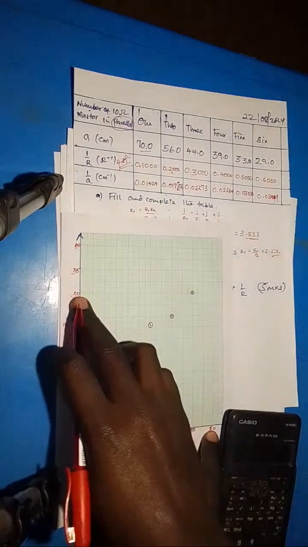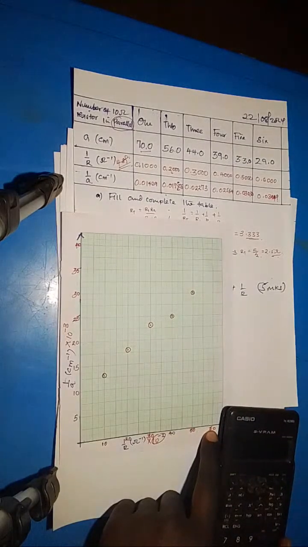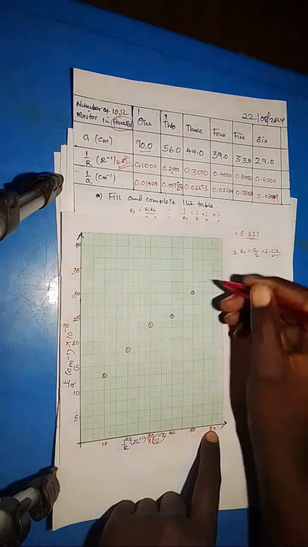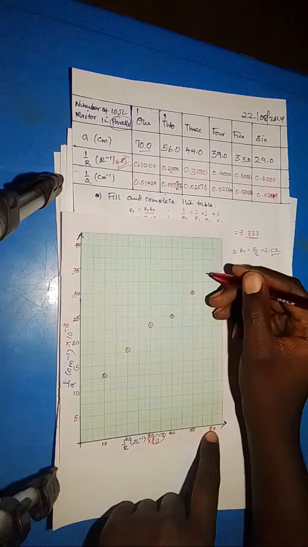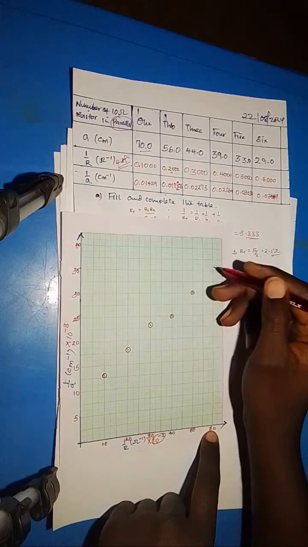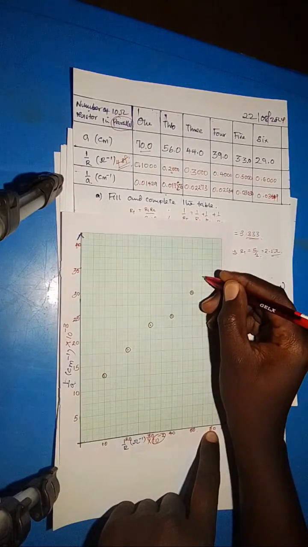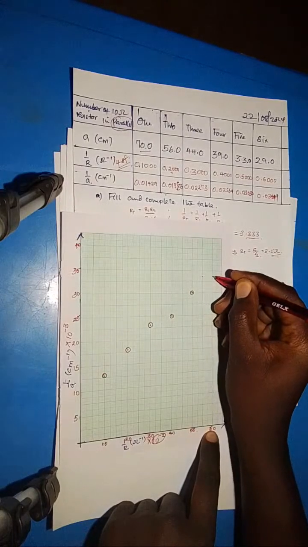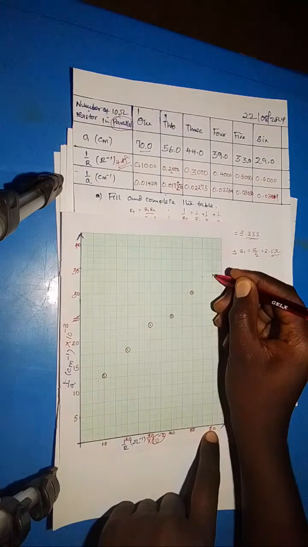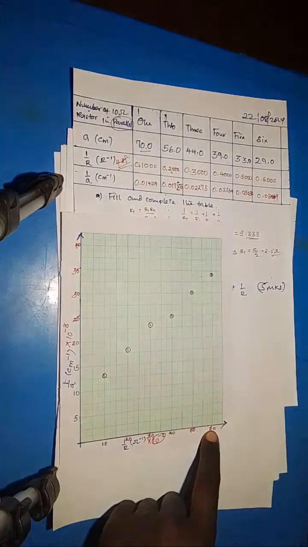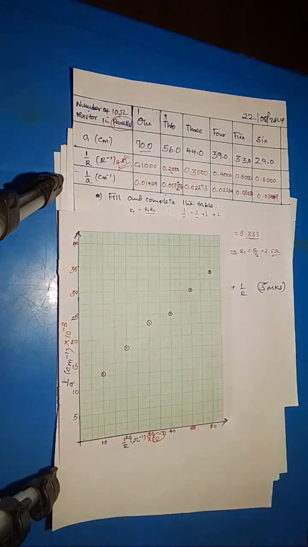So above 30, we have a value of 4. So 4 divided by 0.25, this gives us 16 small squares. So at this point, I'm at 15. So this one becomes the 16, which is now at 34.